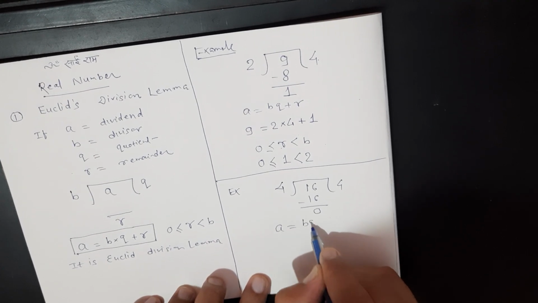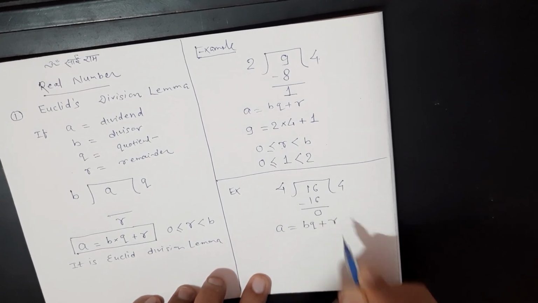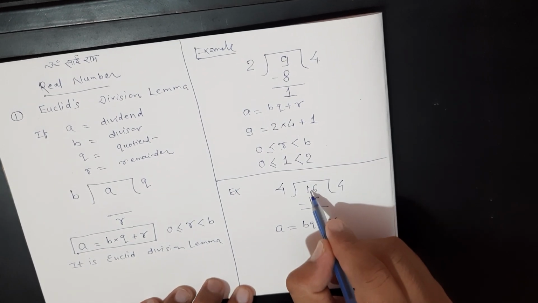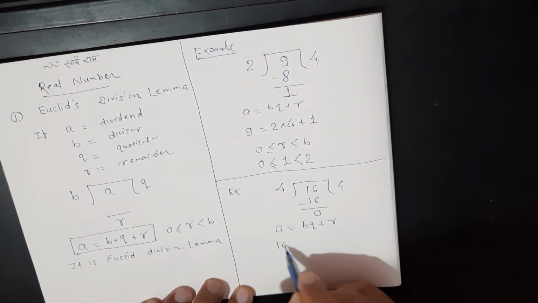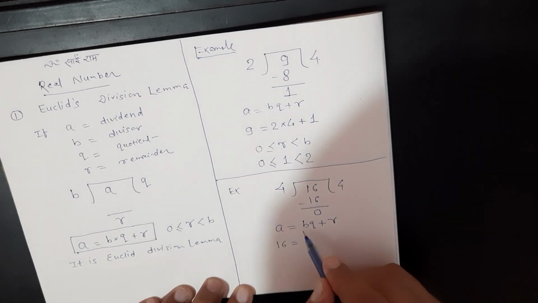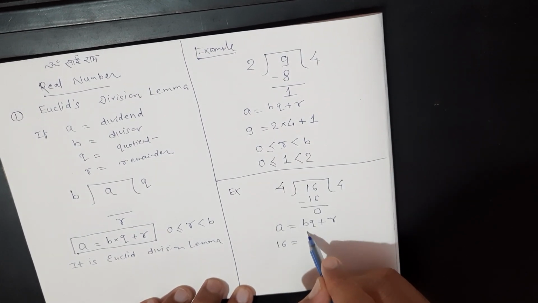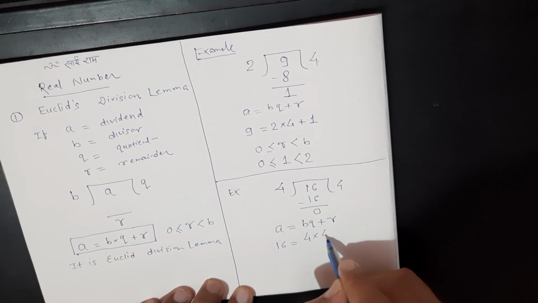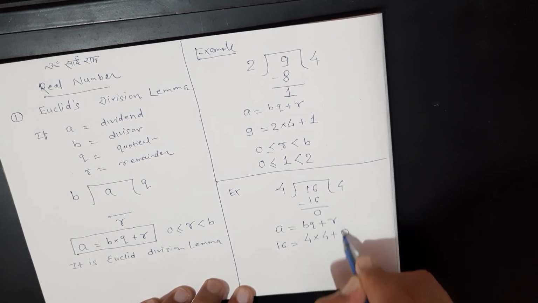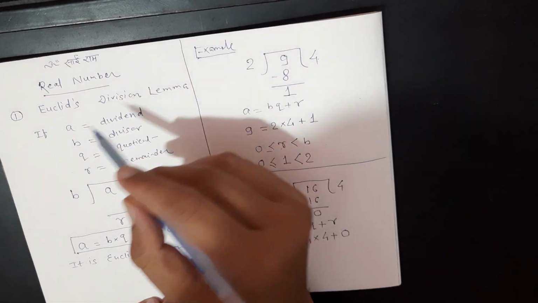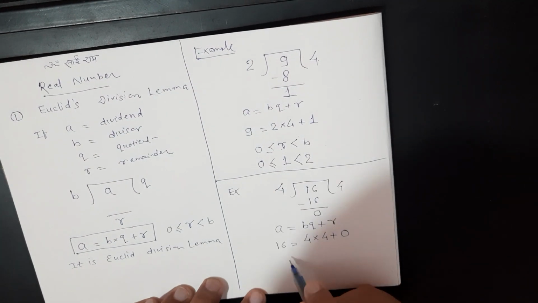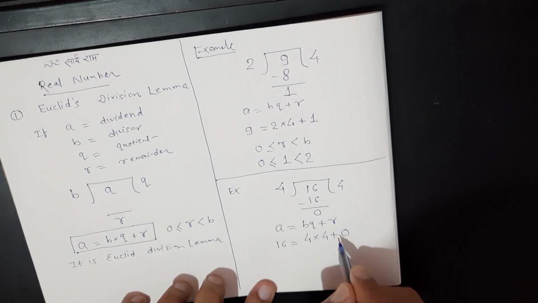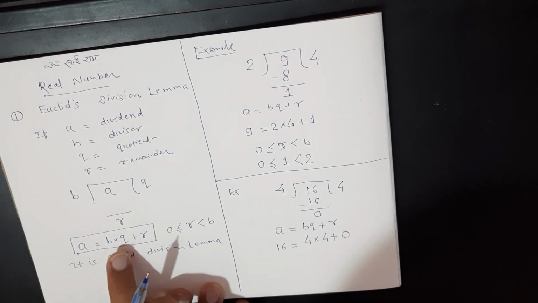A equal to BQ plus R. What is your A? 16, which is dividend. What is B? 4, divisor. What is Q? 4. And remainder is 0. The criteria is this one, and this follows A equal to BQ plus R.